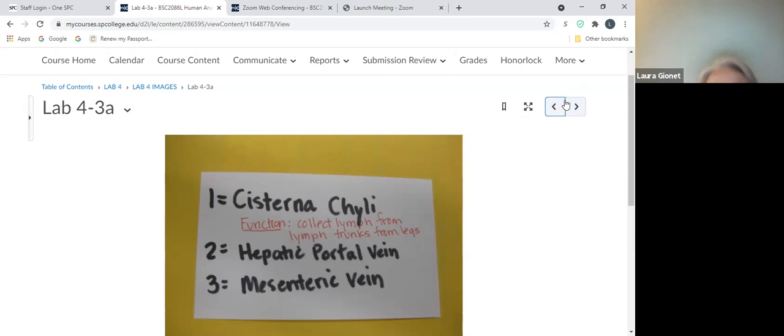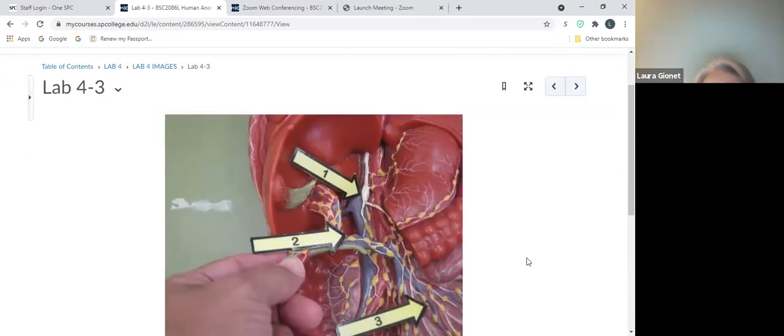Oh, and he's asking you to identify the mesenteric vein. I think the pointer, well, there are mesenteric veins there, but if you pointed to the white vessel, which is actually at the tip of the arrow, then I would say that's a lymphatic vessel. If I was pointing to the orange, that would be a lymph node. A mesenteric vein is not part of the anatomy that you're required to know.